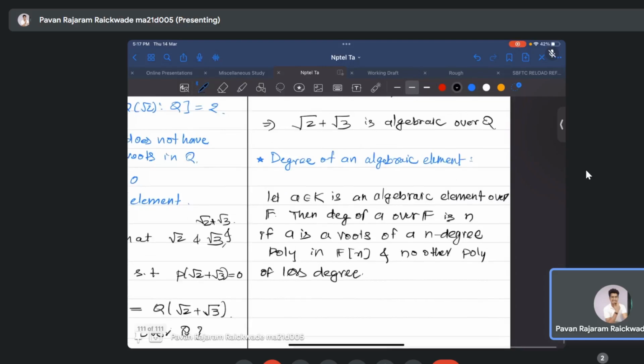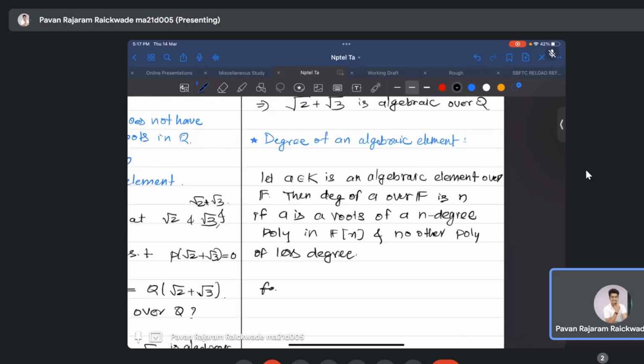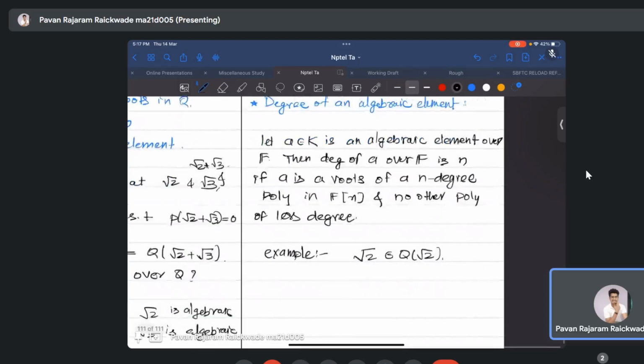So for example, take the element root 2. Root 2 belongs to Q(root 2), so root 2 is algebraic, right? Take the polynomial x squared minus 2, then you know that p of root 2 is 0.